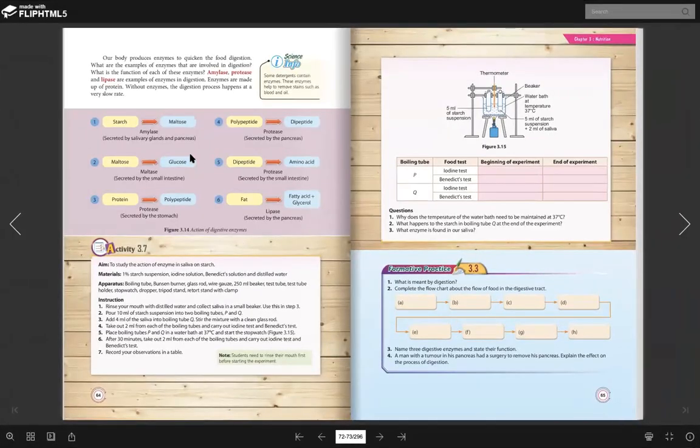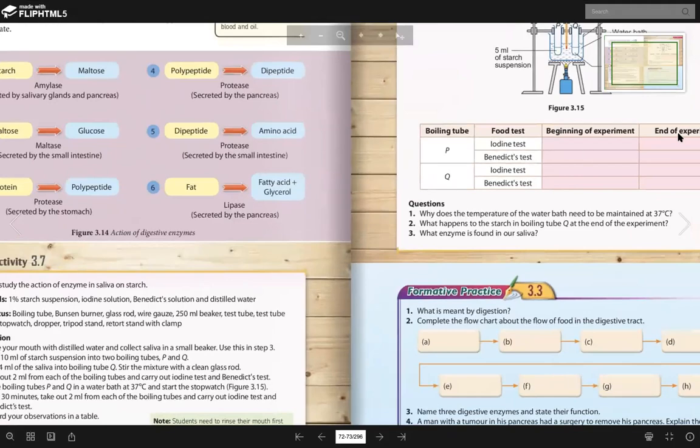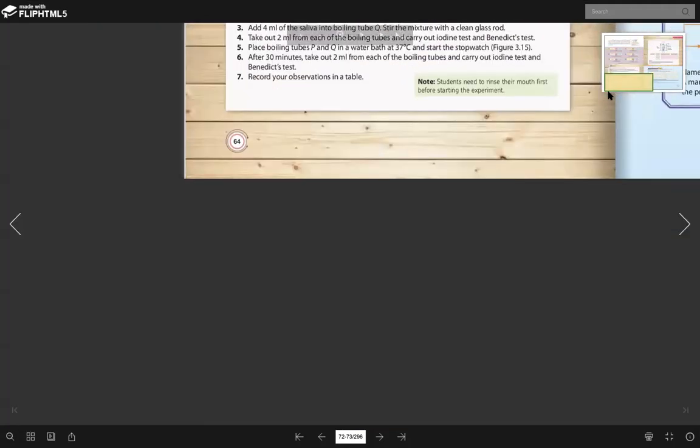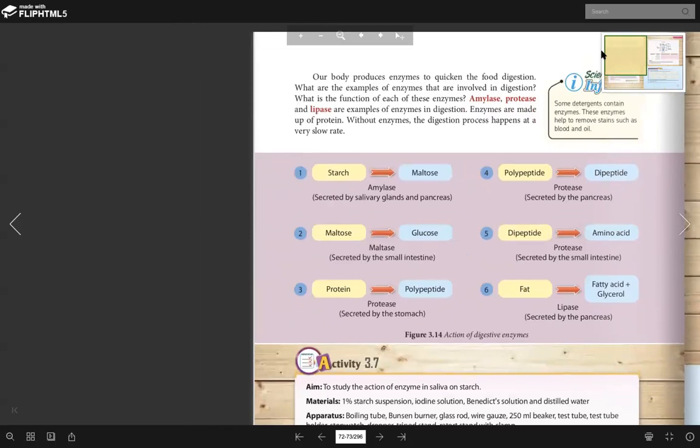Now we go to the next one. Okay guys, so let's make it bigger. Aduh, macam nak besarkan ni. Okay, good. Ni, awak tengok.